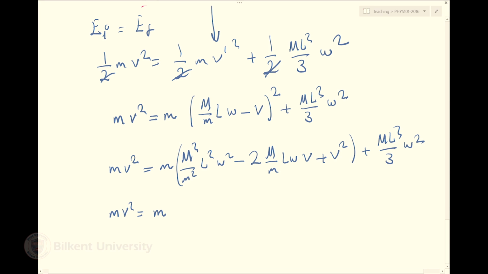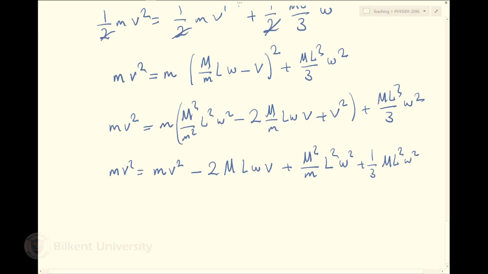I'm just writing it in reverse order. m v squared minus 2 M L omega v plus M squared over small m L squared omega squared plus 1/3 M L squared omega squared, right?